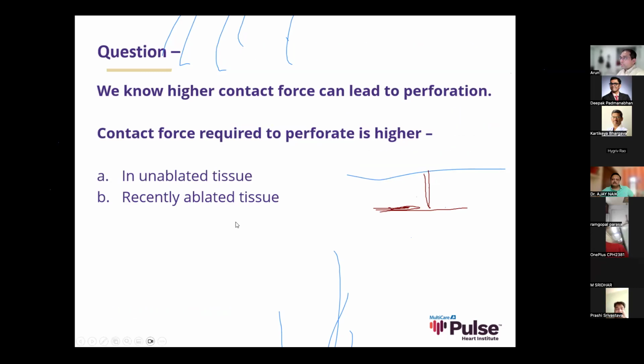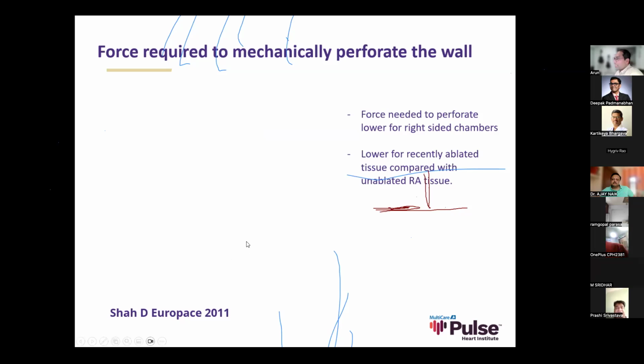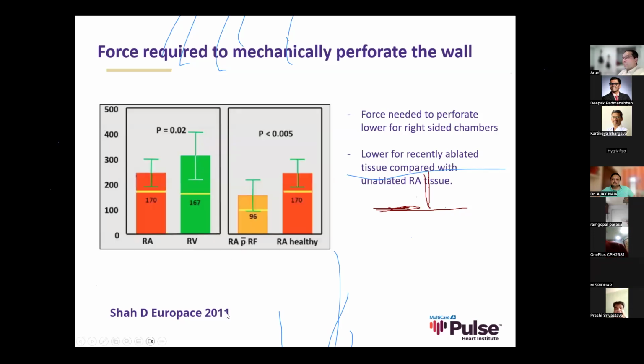This was a study that was done by Dipen Shah, and they tested contact forces required to mechanically perforate a wall in different chambers, and they showed that the force needed to perforate was lower in the right-sided chambers, like common sense, but they proved that. So right atrium and right ventricle are much more vulnerable for perforation with too much contact force compared to left atrium and left ventricle.